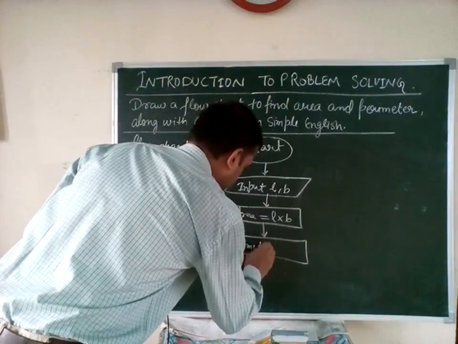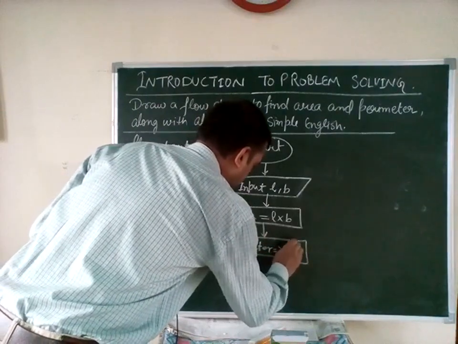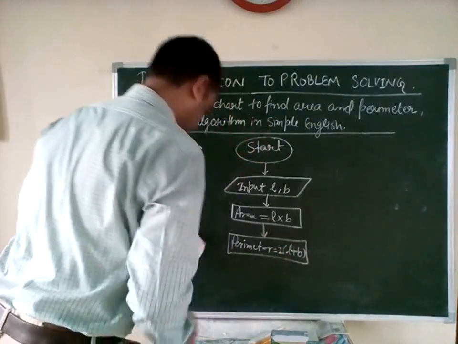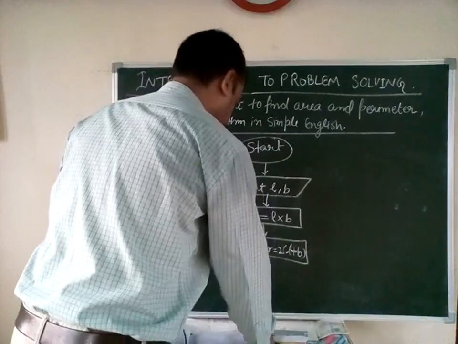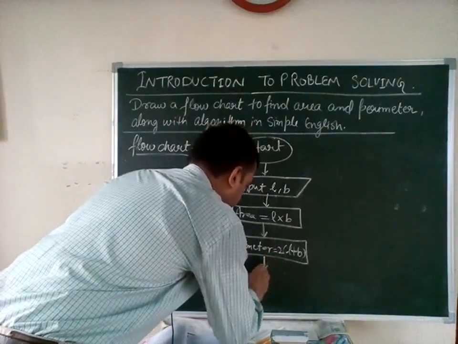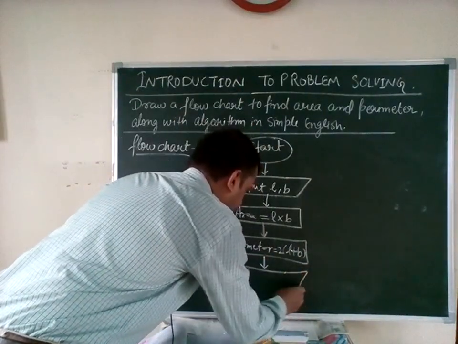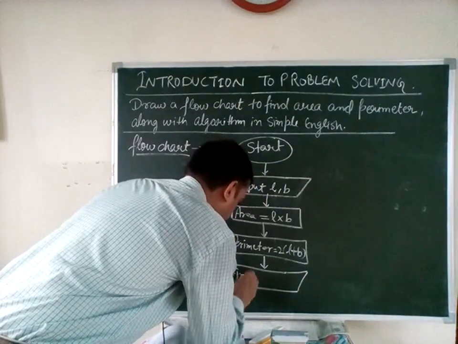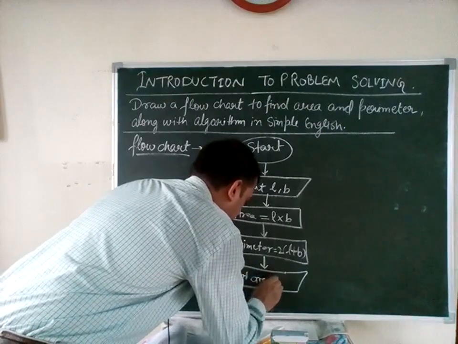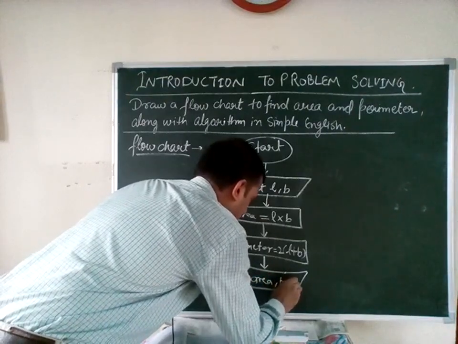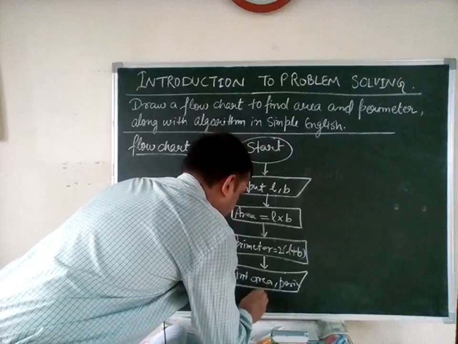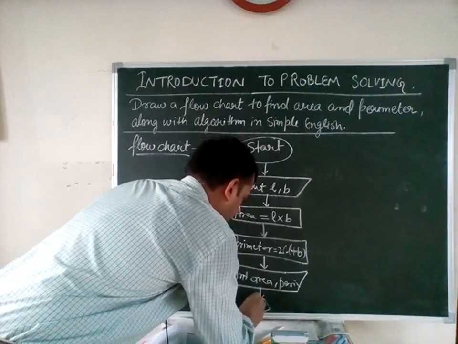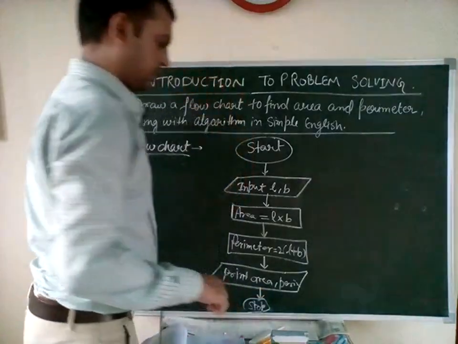Perimeter equal to 2 into L plus B, and then again input output, so you will use the tilted box, print area and perimeter, and then stop the process.